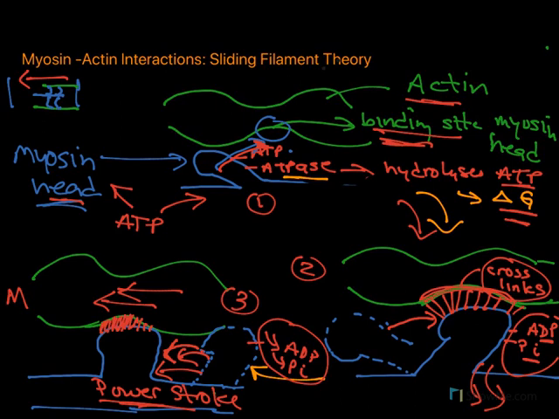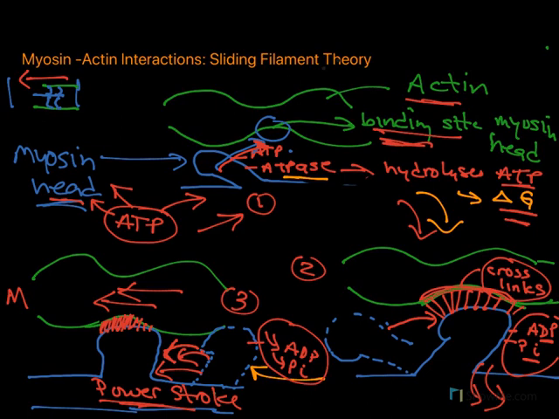And once that power stroke happens and the actin is moved, well, the myosin head needs to detach. And so how does that happen? Well, an ATP molecule comes along, binds to that myosin head, that changes the shape of that myosin head and puts it back into position 1, where now it is no longer able to maintain those crosslinks because of the change in the shape of that myosin head.